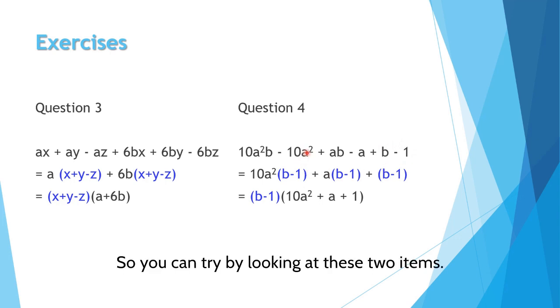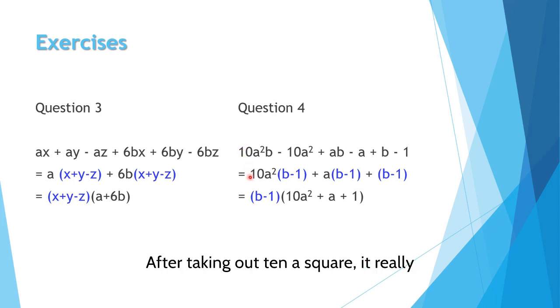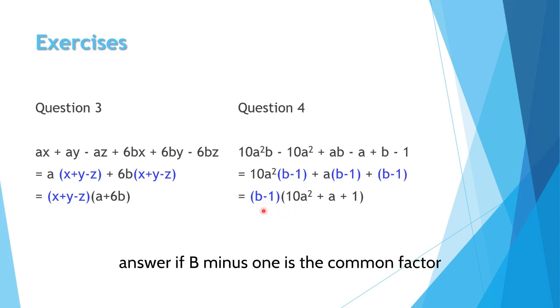So you can try. By looking at these two items, after taking out 10a squared, it really gives rise to b minus 1. Here, taking out a, it gives rise to b minus 1. And the final one is originally like this. So altogether, it would give rise to this final answer. b minus 1 is the common factor. And the others are in another bracket.